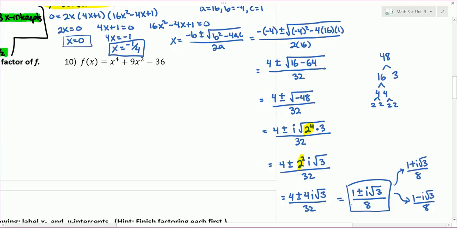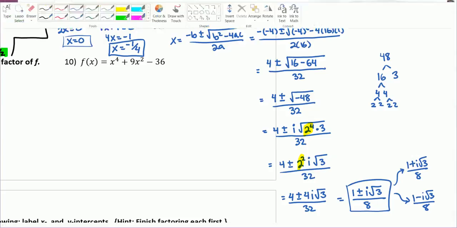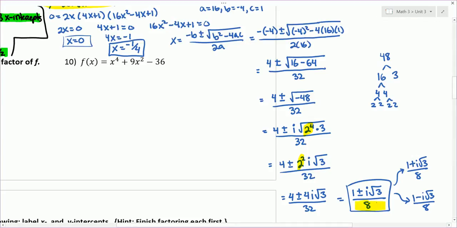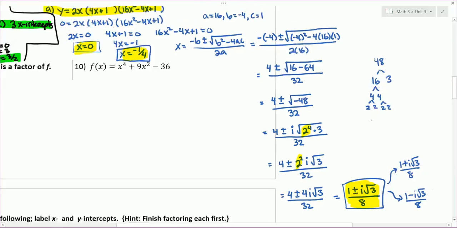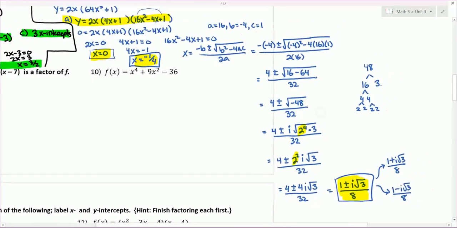So what I outlined here is the way we're going to write it, but don't forget that plus or minus indicates there's two of them. So x equals 0, x equals negative 1/4, and x equals 1 plus or minus i root 3 over 8 give us all of our roots.